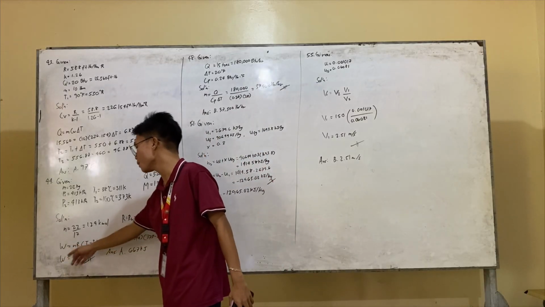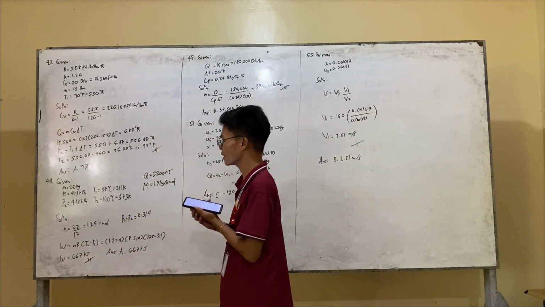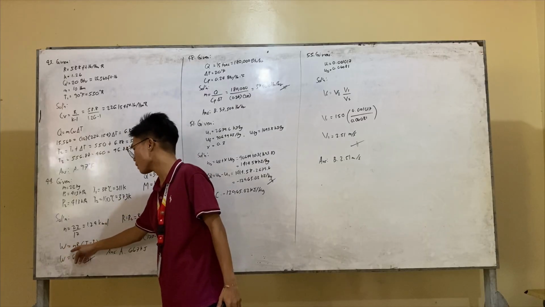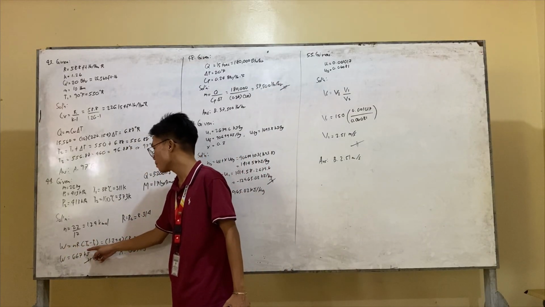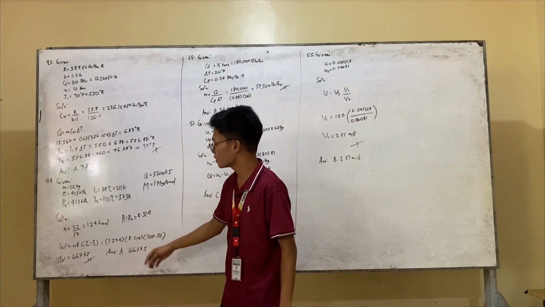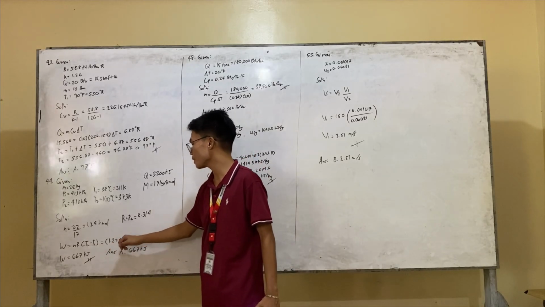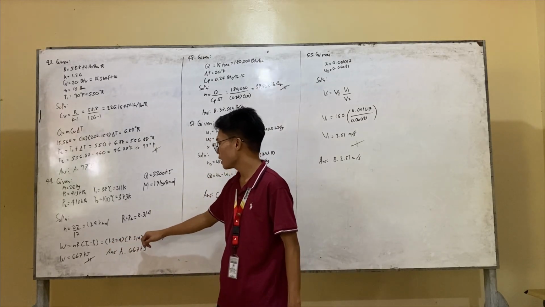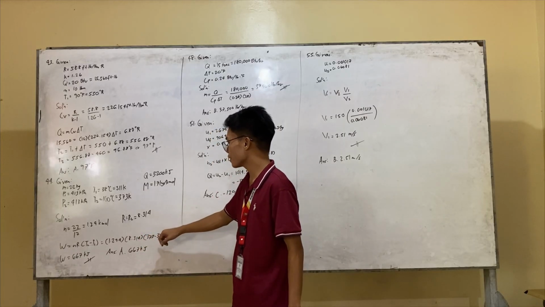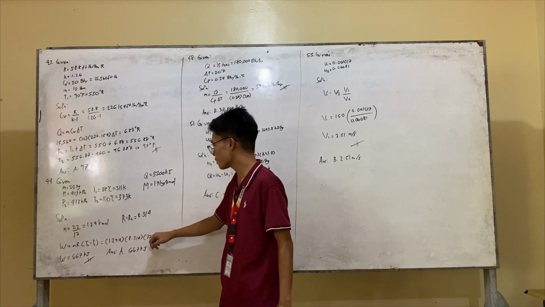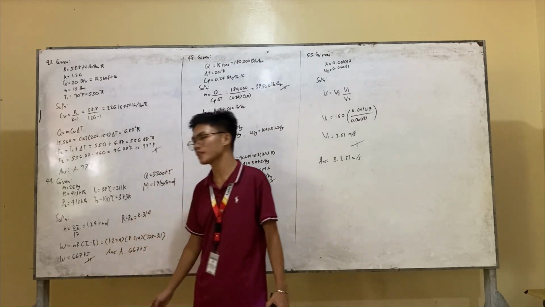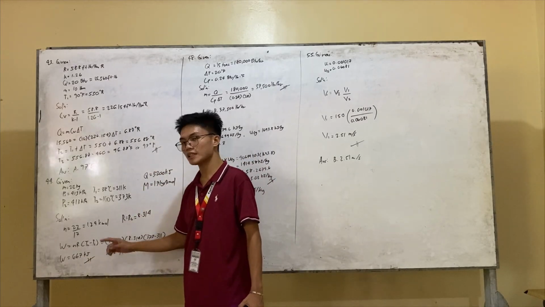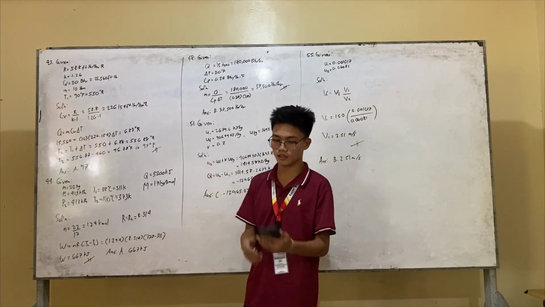The formula we will use is work is equal to nR multiplied by T sub 2 minus T sub 1. So just substitute 1.294 times 8.314 times 373 minus 311. We can get the work of 667 kilojoules, which is letter A, 667 kilojoules.